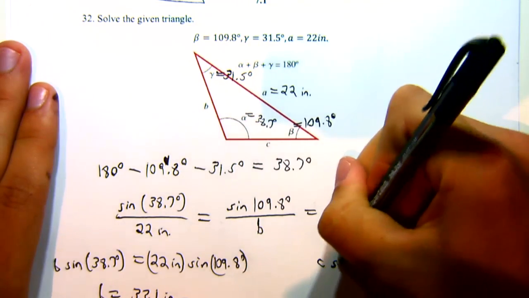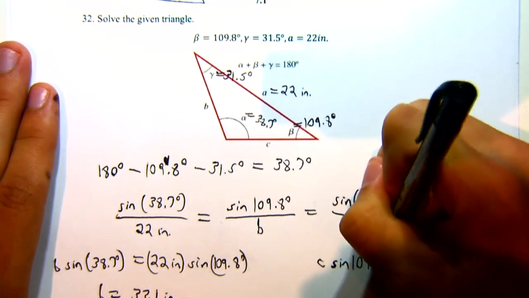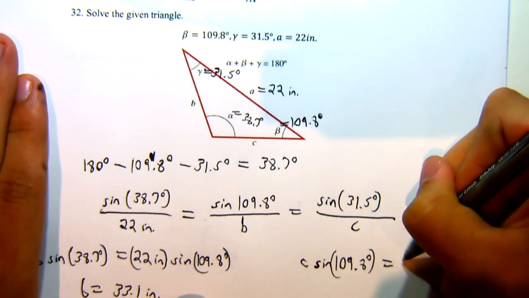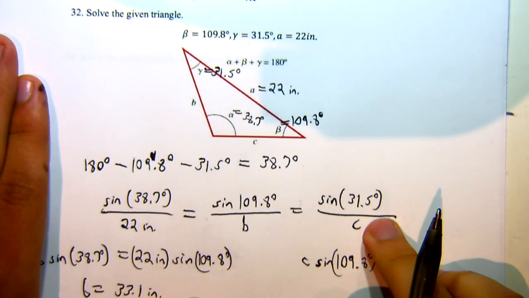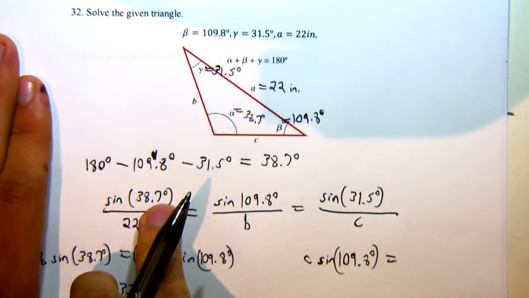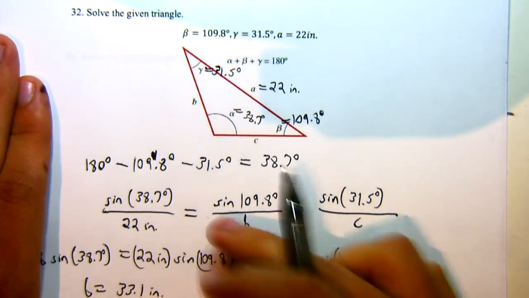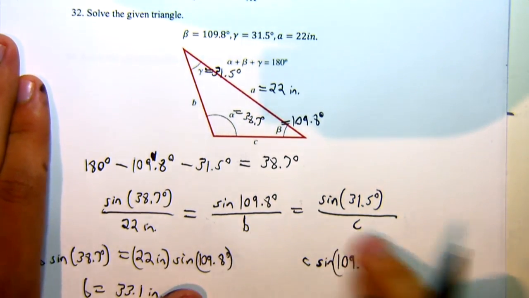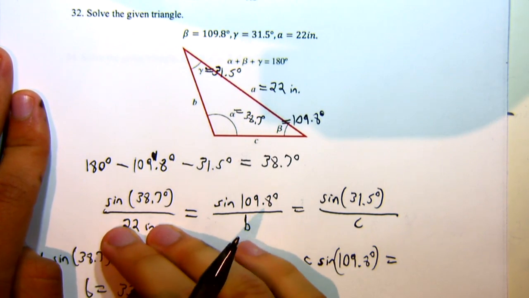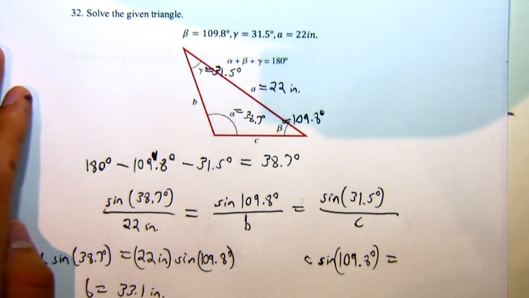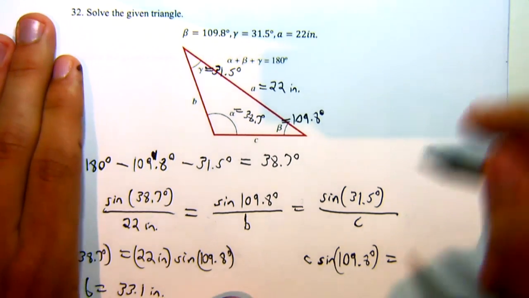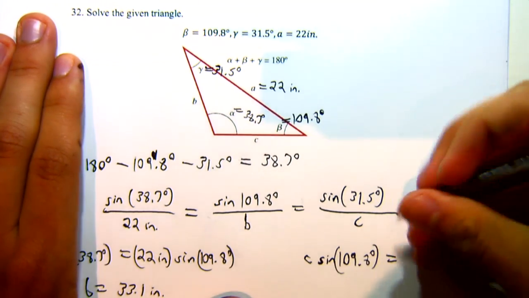Then we get C times sine of 109.8 degrees is equal to, yeah, we could do it that way, or we could just use the original one. But since I already wrote it like this, I'll just do it this way. But preferably, to find the other side, I just like to use the original one given, because then you have less worrying about how many decimal places you use, unless you can store that in your calculator. But in this case, I'll just write it like this since I started it.